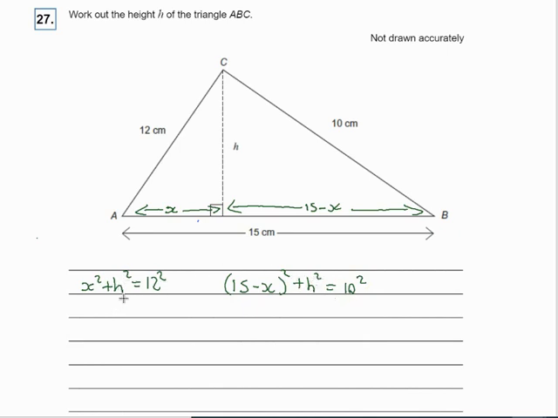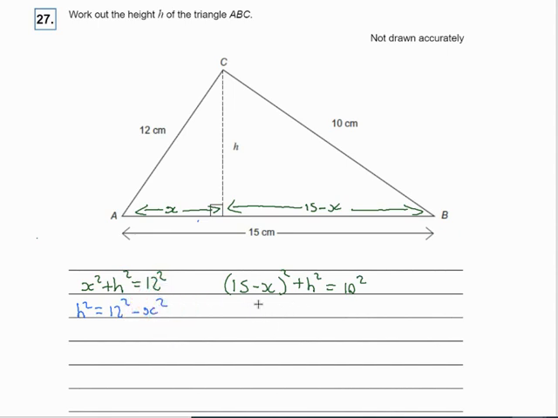So here on this left side, if I rearrange, I get h squared equals 12 squared minus x squared. Oh dear, that writing was abysmal. So we've got 12 squared minus x squared.